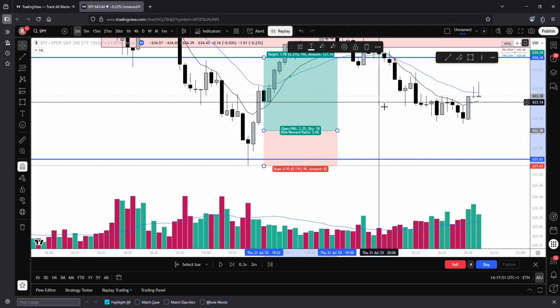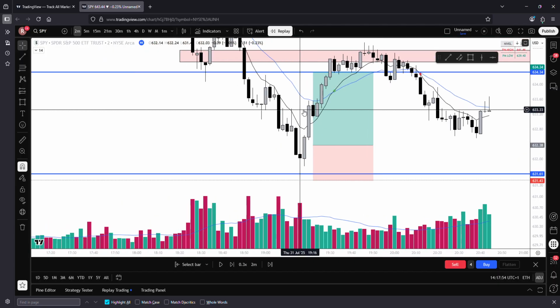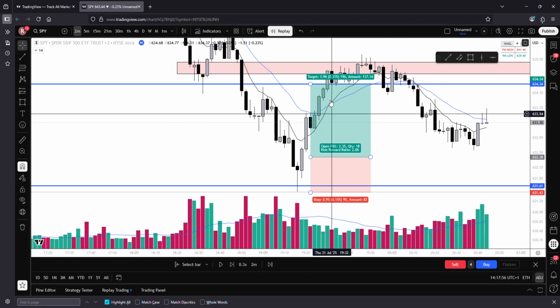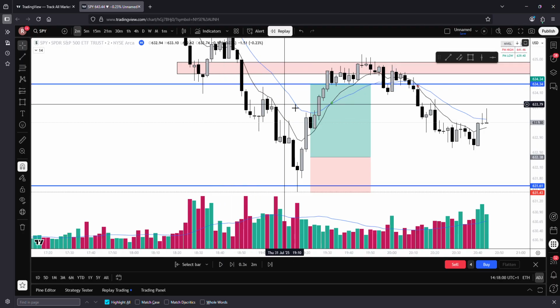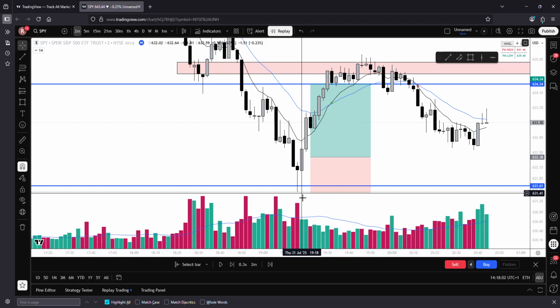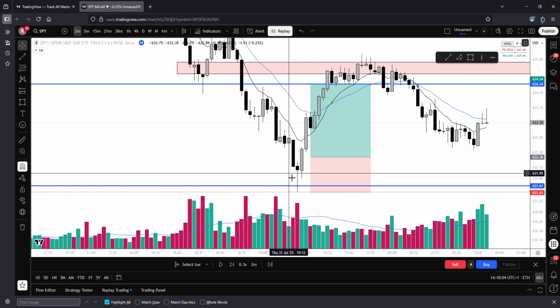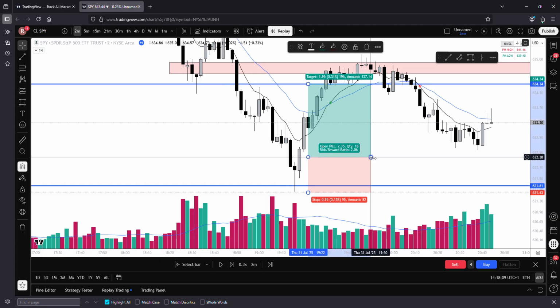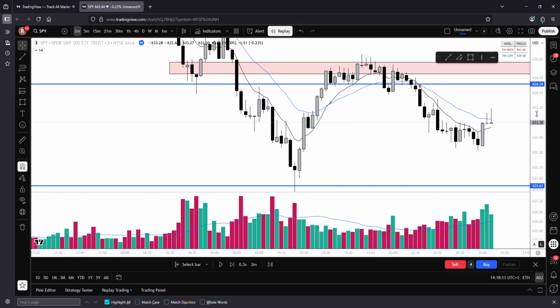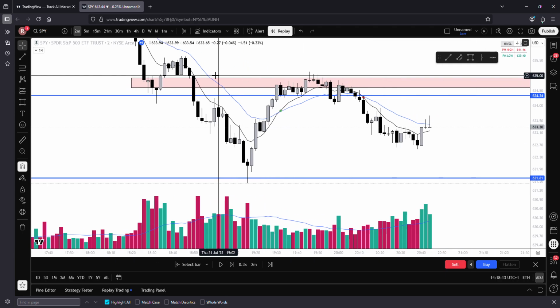Let's see if we can find a 2 to 1. Yeah, so you could have played that bounce quite nicely, because your 2 to 1 would take you up to this support resistance level here, and stops just below this high volume sort of hammer here. So again, multiple ways to trade it, multiple ways to play it.